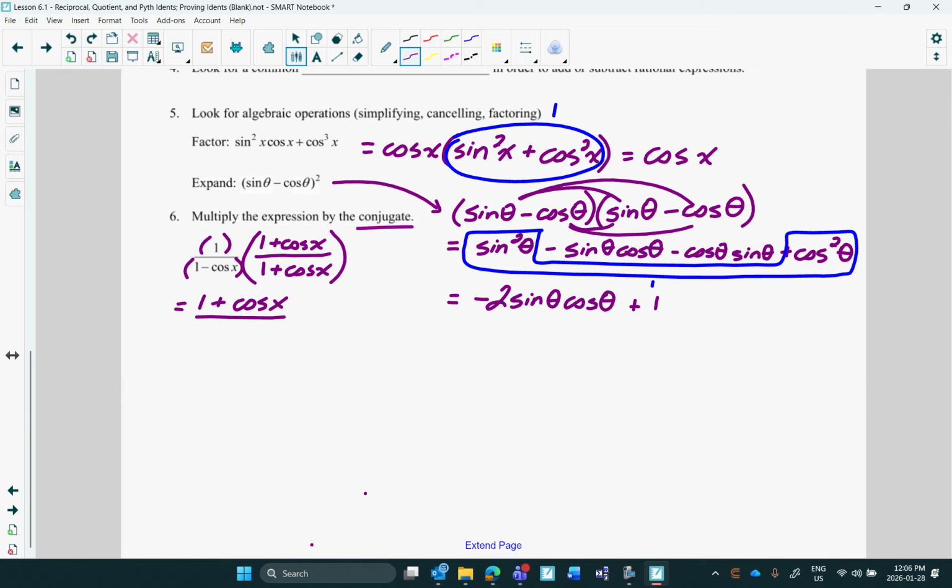What do I get on the bottom? 4 multiplications: 1 plus cos x minus cos x minus cos squared x. Well, these go plus and minus. So 1 minus cos squared x, that is an identity, which gives sine squared x.